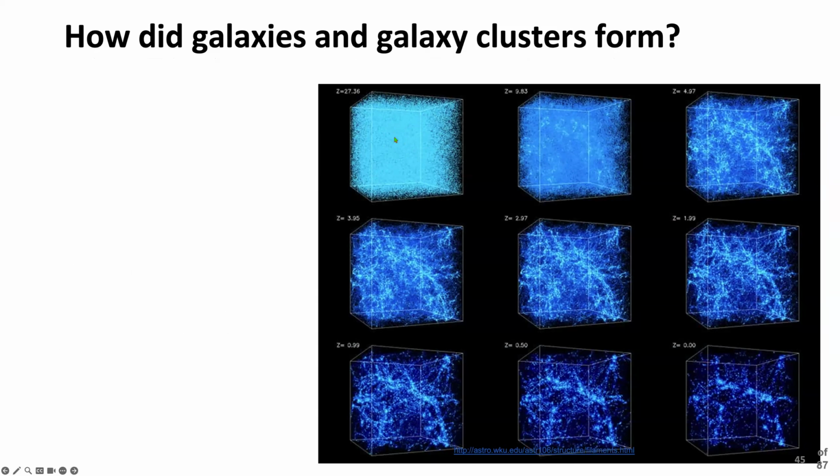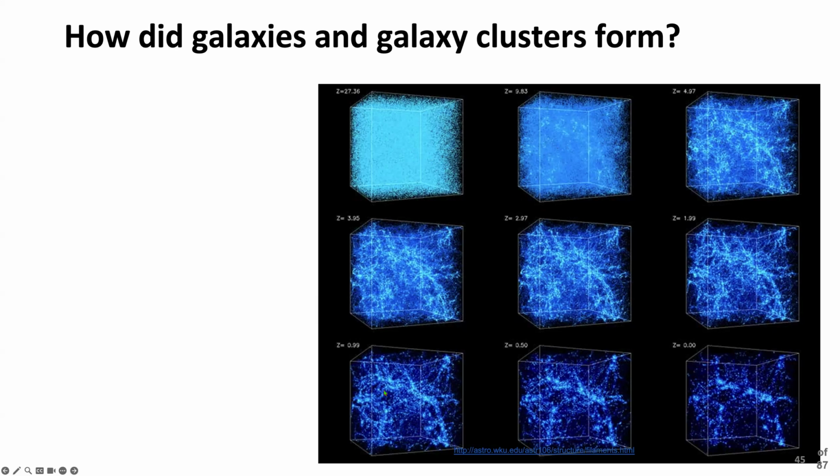The placement is kind of random, but overall it's a uniform cloud of gas. And then time progresses from here to here to here, and you can see these clusters forming.